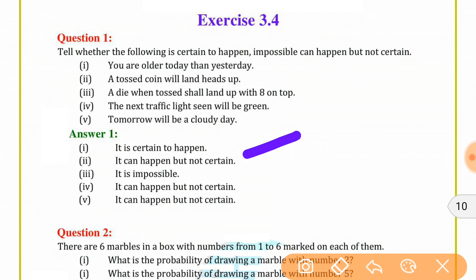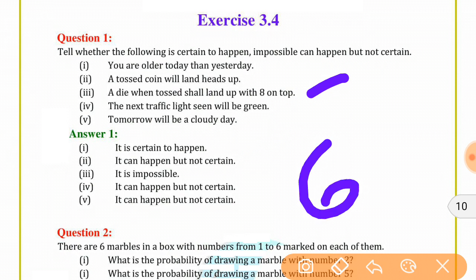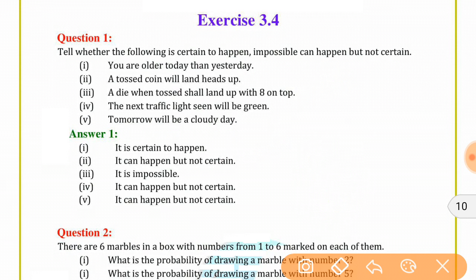Then, a die when tossed shall land up with 8 on top. Yes, it never happens because a die contains only 6, not 8, so it is impossible. The next traffic light seen will be green.